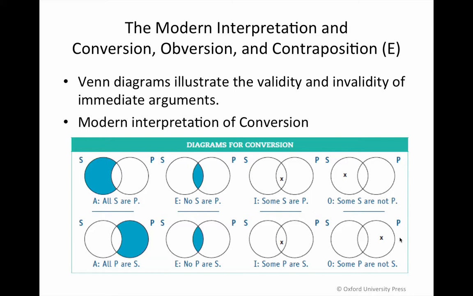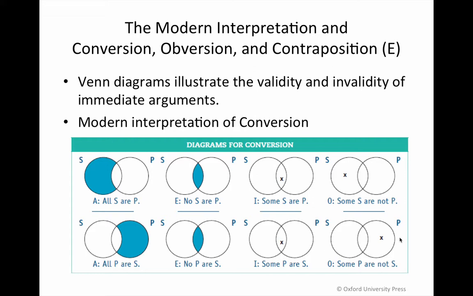Think about it this way. If I say all nurses are medical professionals, and then I switch the subject and predicate places, I get all medical professionals are nurses. But clearly, it doesn't follow that just because all nurses are medical professionals, all medical professionals are nurses. In other words, the subject class of the universal affirmative is distributed, but that does not mean that the distribution works both ways.